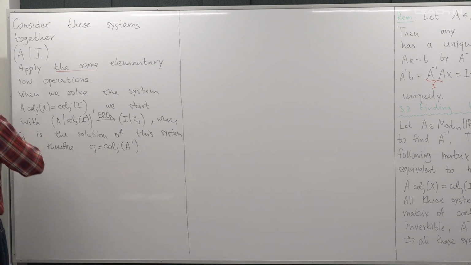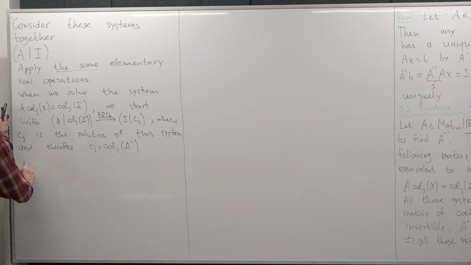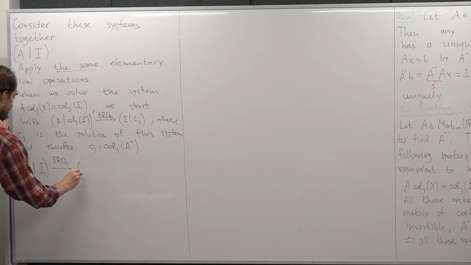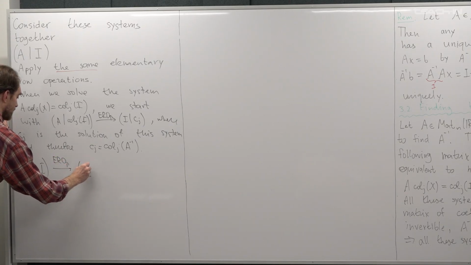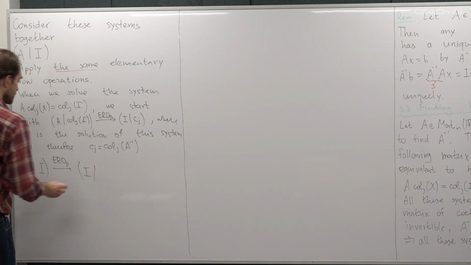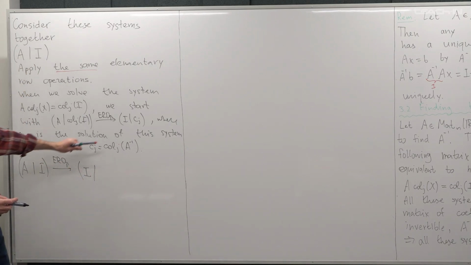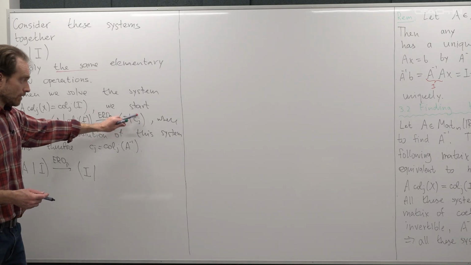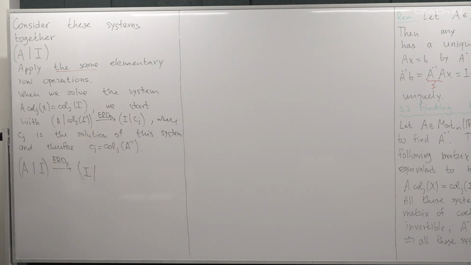Okay, so what do we do here? Finally we consider such a matrix. We apply the same elementary row operations to all the matrices. Finally we get the identity matrix here, and in all these matrices we get the columns of the inverse matrix here.